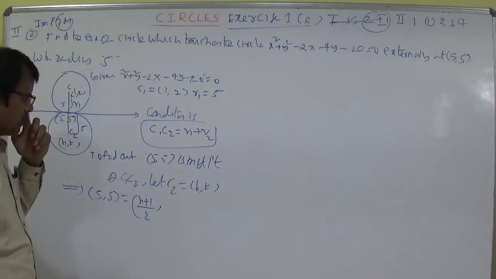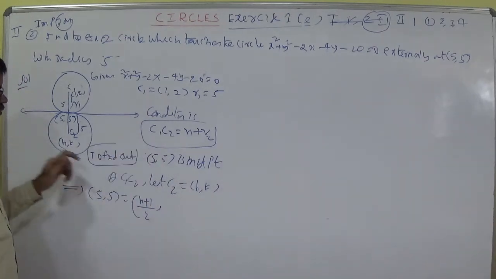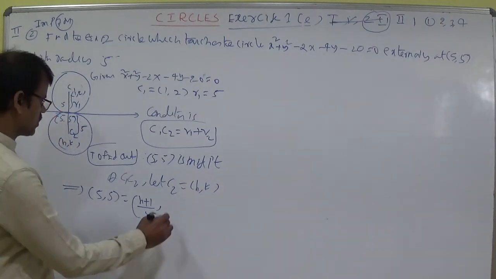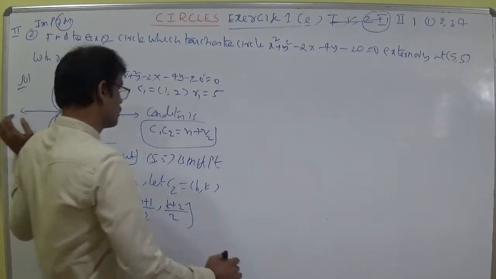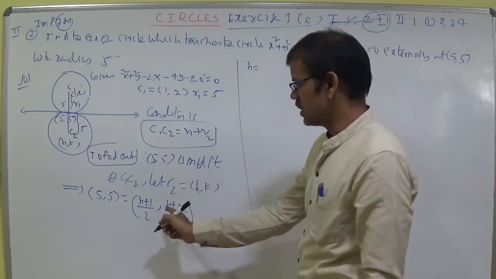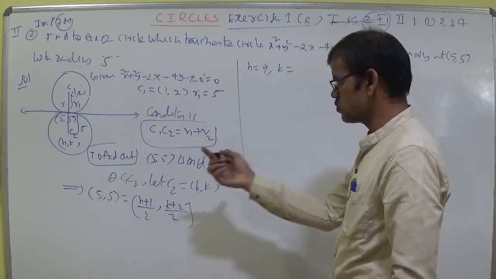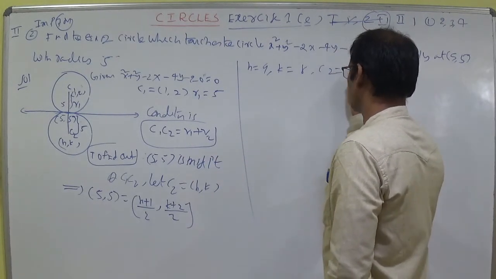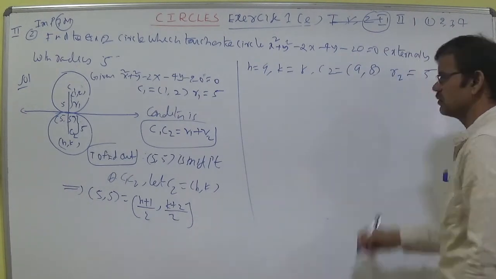So no need to think anything, 5 comma 5 is the midpoint. Now H plus 1 by 2 comma K plus 2 by 2 equals 5 comma 5. Then H is 2 fives are 10, 10 minus 1 is 9, H equal to 9. K plus 2 by 2 is equal to 5, K plus 2 is equal to 10, K is equal to 8. Now C2 is equal to 9 comma 8 and R2 is equal to 5.